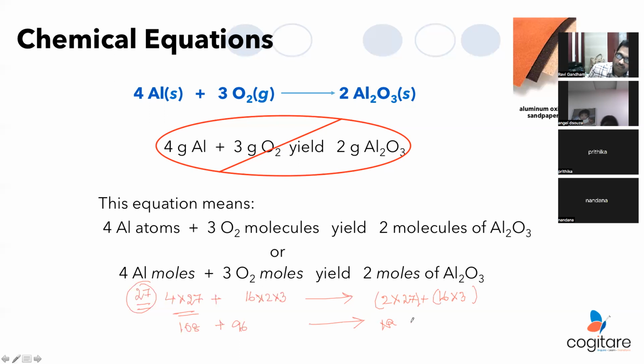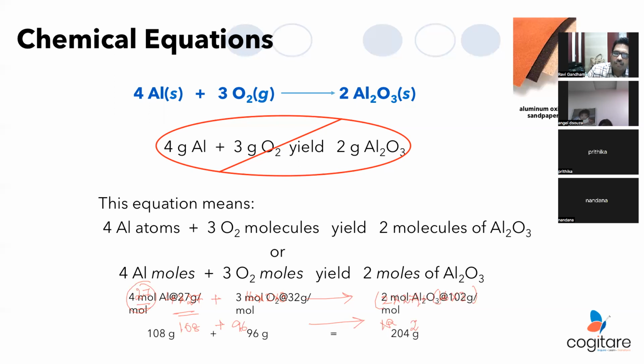How much is this? 2 into 27 is 54 and 16 into 3 is 48. Okay. One minute, guys. So it equals 102. No. Somewhere we are going wrong. Aluminum is this one. Aluminum is this.